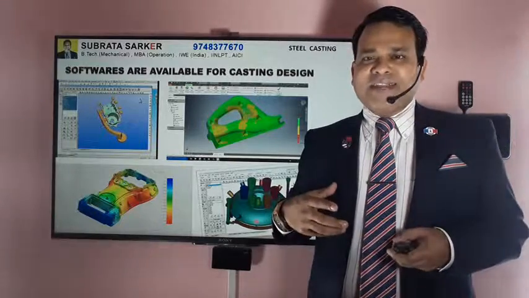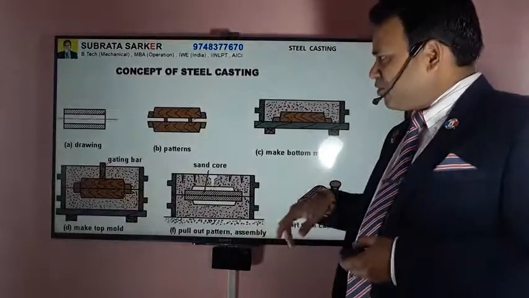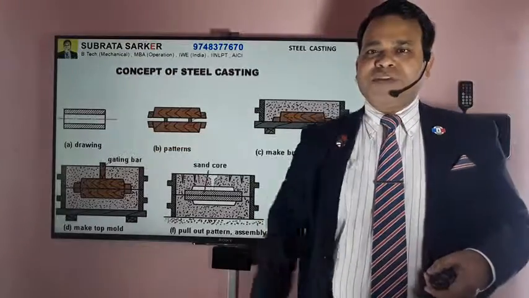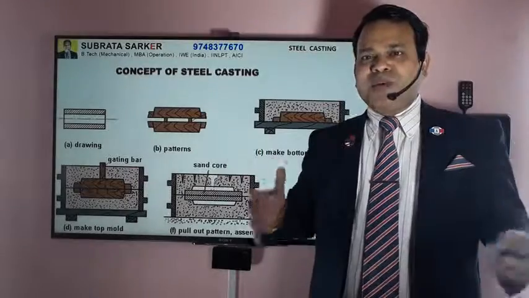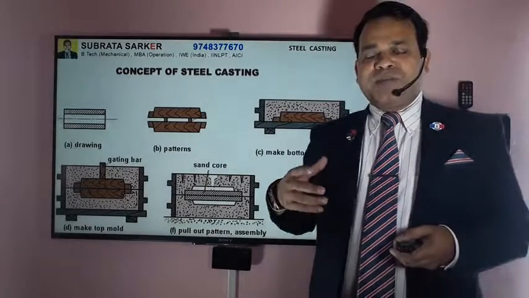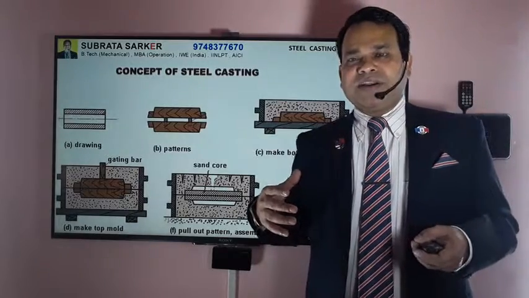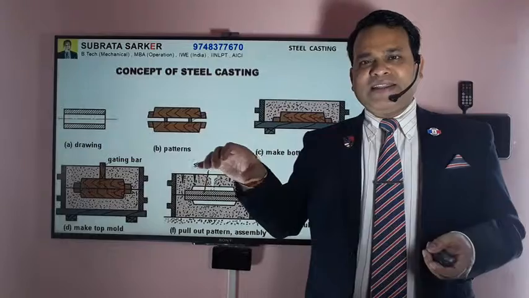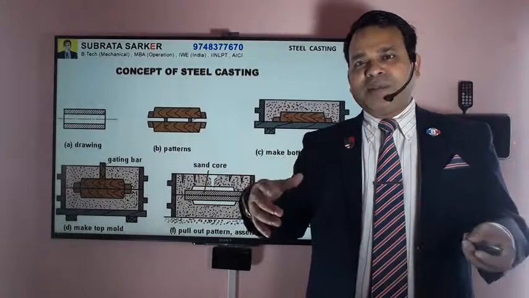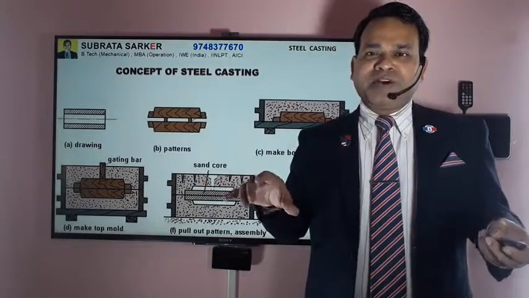To understand in a simple way how casting happens, say you need to make a special pipe which is not available in the market, so you need to manufacture a small piece of pipe. For the casting process, you make a wooden or metallic pattern of the pipe which has two half pieces, and for the hollow inside of the pipe, you make a solid rod made of sand.